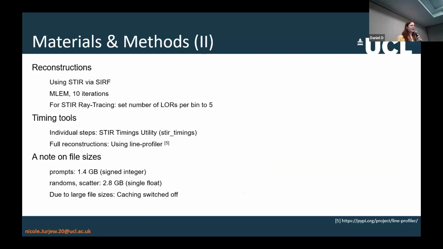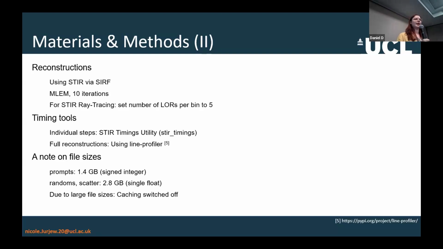For the reconstructions, I was using STIR via SIRF, and I used MLEM reconstructions using 10 iterations. This is important to mention. For the STIR ray tracing projector, we set the number of lines of response per sinogram bin to 5.